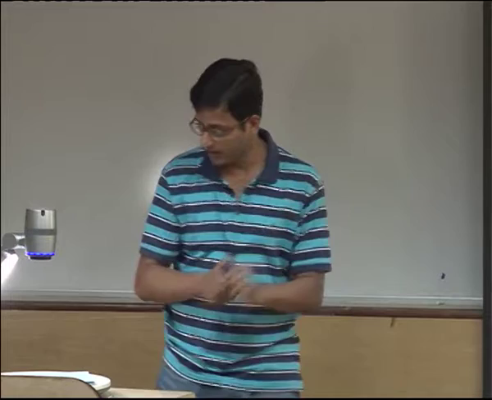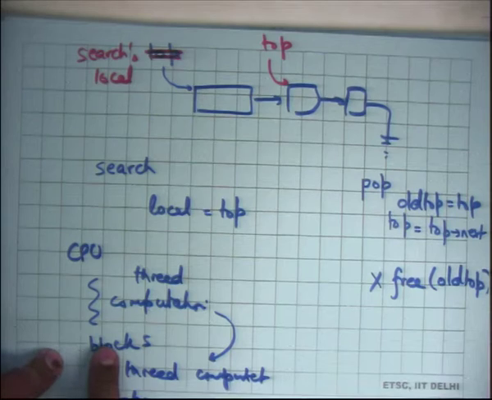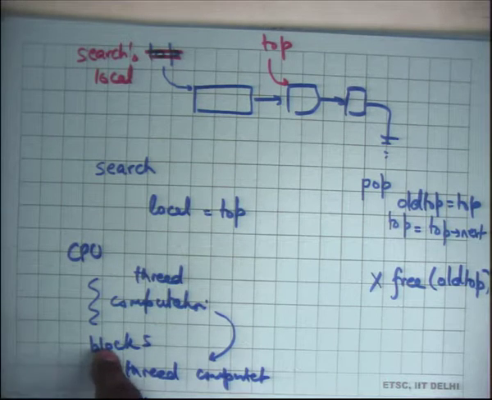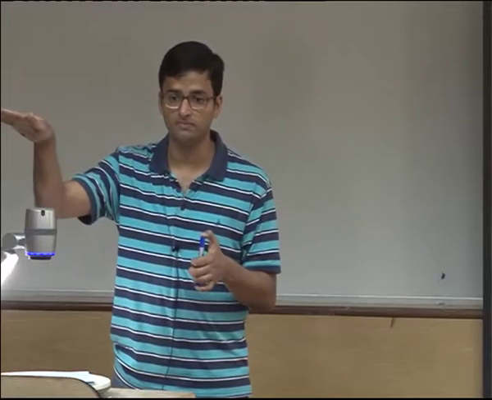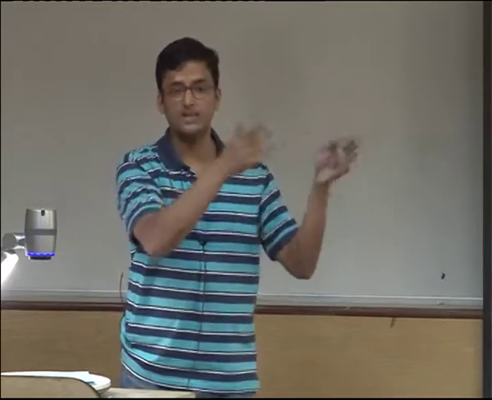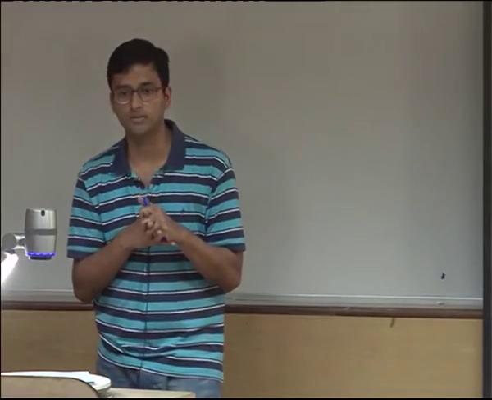Because what I would have done is I would have waited for all CPUs to reach this block, and once a CPU has reached a block, I can be sure that it's not holding a reference to old top, right? All future accesses to the stack will start at new top. It's only the old ones that could have old top, but if it has reached the block, then I can be sure that it's not holding a reference to old top.